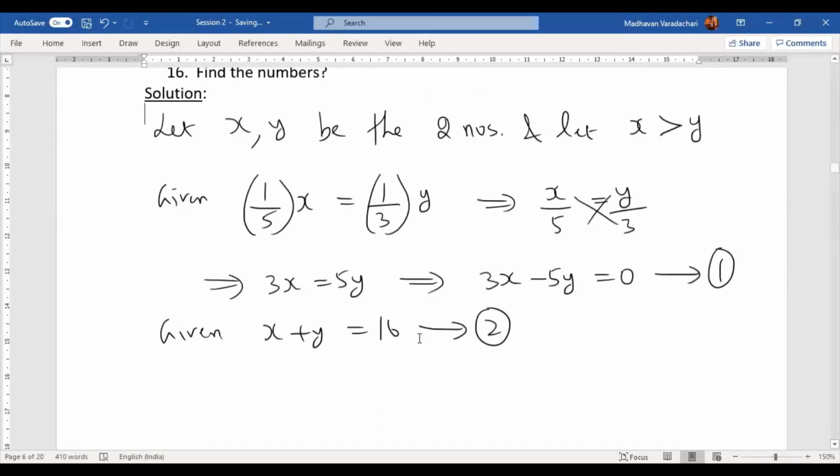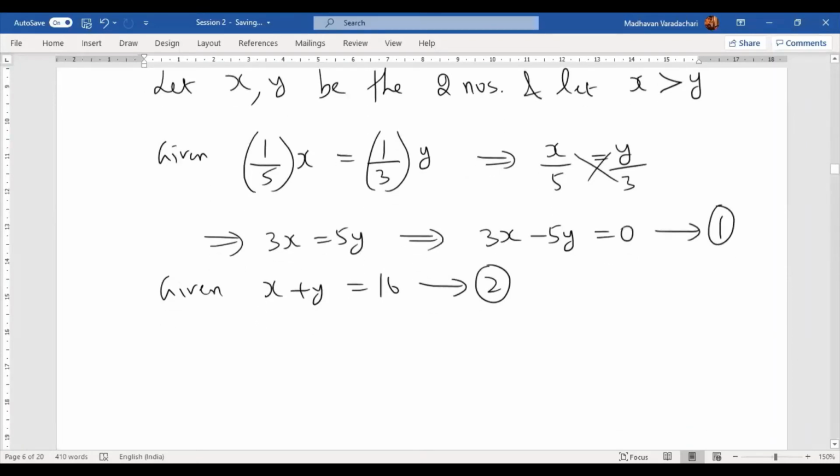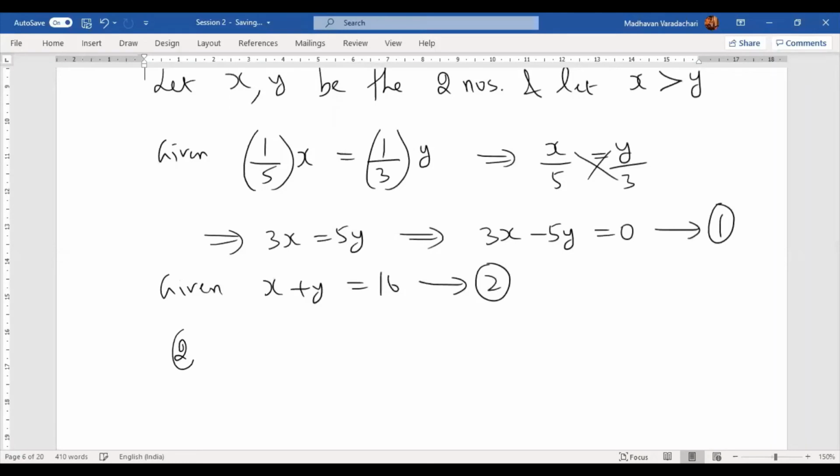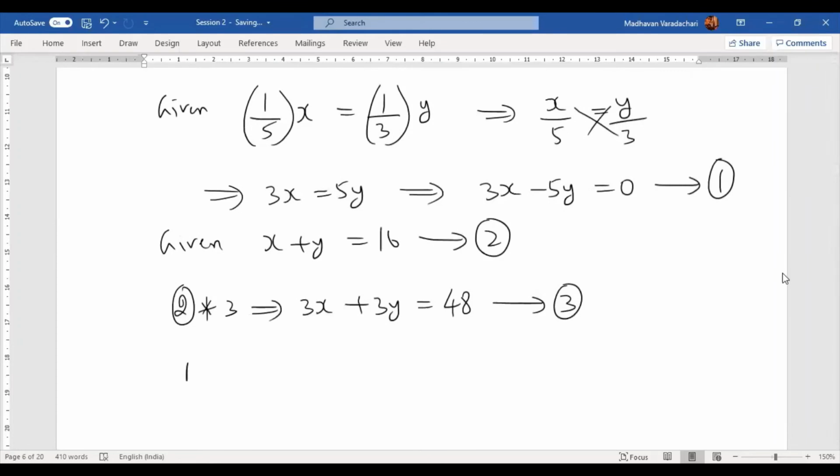So I can multiply by 3 so that you get the same coefficient. Let us do that. I will multiply the second equation by 3. So 3 into x, 3x, 3 into y, 3y, 3 into 16, 48. Let me call this equation 3. Now we can subtract first equation minus third equation. 3x gets cancelled.